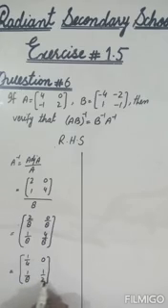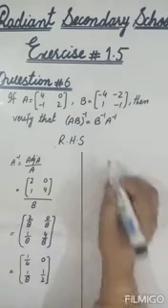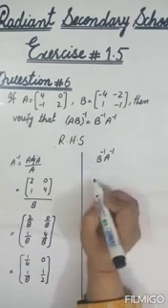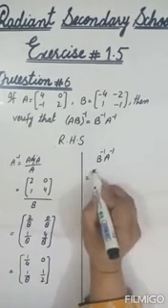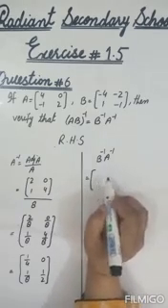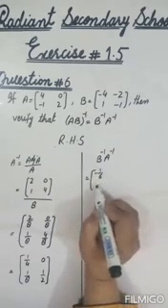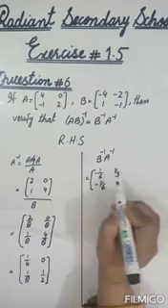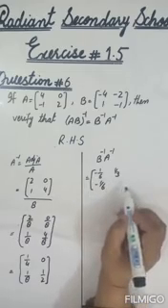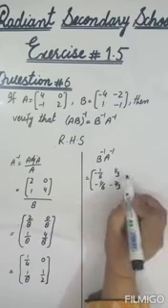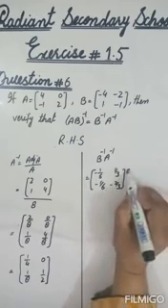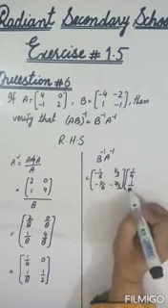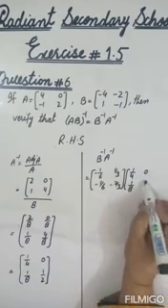Now we have to multiply B inverse A inverse. What is B inverse? B inverse is equal to minus 1 by 6, minus 1 by 6, 1 by 3, minus 2 by 3, and A inverse is equal to 1 by 4, 1 by 8, 0, 1 by 2.